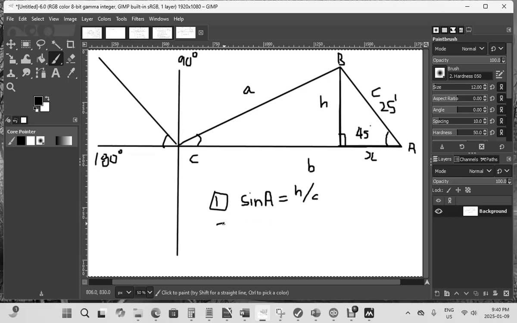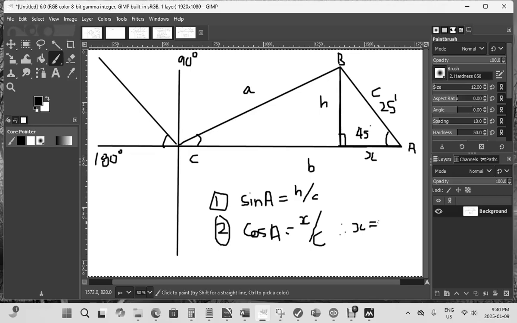And we know that cos A equals adjacent over hypotenuse, so X over C. So we know that X, this is solving for the unknown over here.